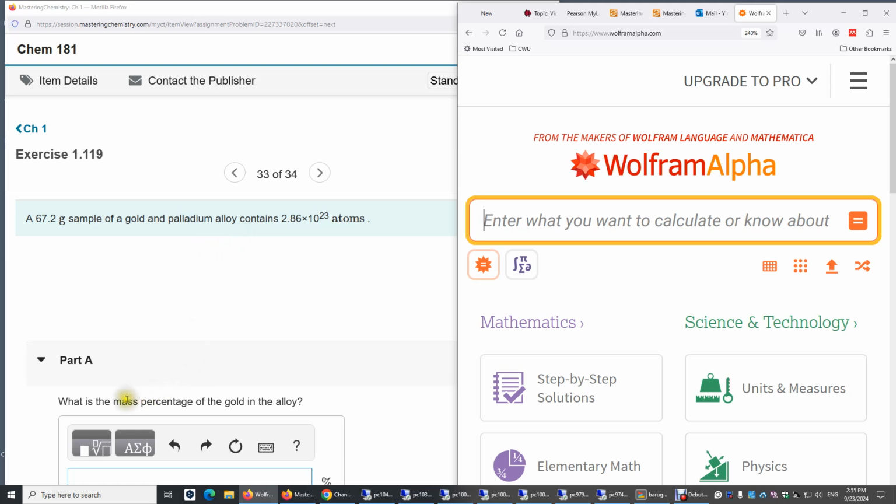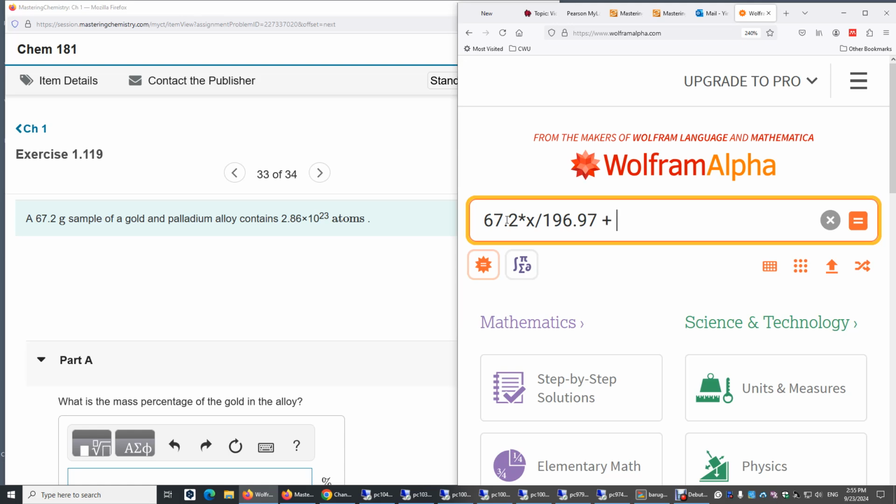First, let's say the percentage of gold is X. 67.2 times X. Alright, that's the mass of the gold. Now divided by the molar mass of gold, which is 196.97. Okay, you can get this from the periodic table.